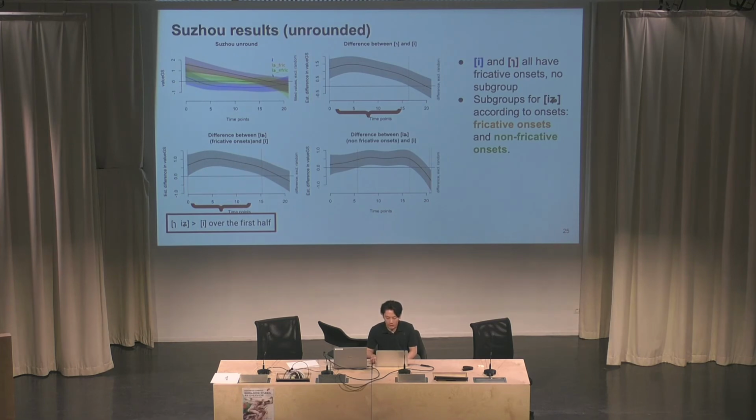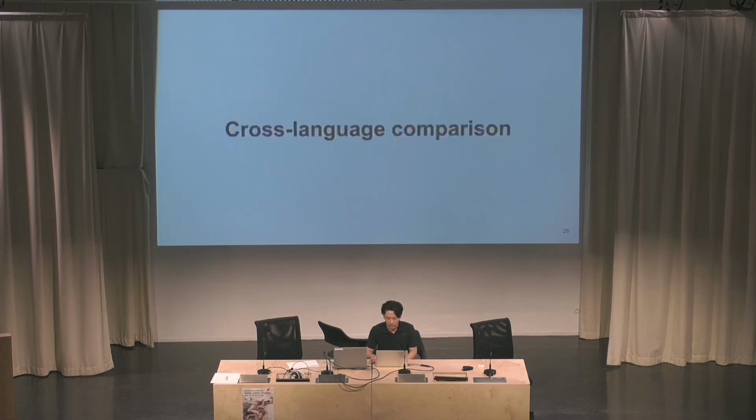And we can see that when compared to the high front vowel E, the apical vowel and the laminal vowel both contain significantly more frication noise on the first half of the duration. On this figure, we can see here that there is significantly more frication noise in the middle of the laminal vowel compared to E. These results also suggest that the frication noise is inherent and not from the sibilant onsets.